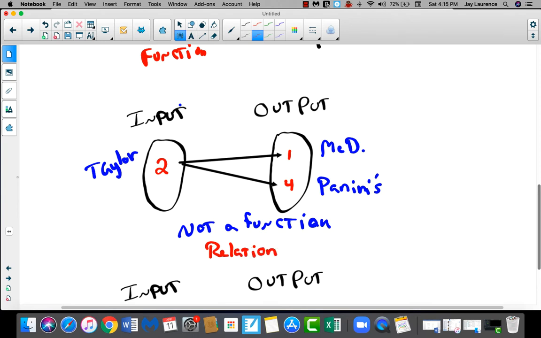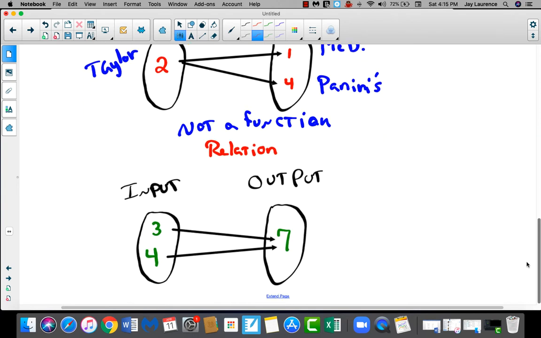Okay? All right. But let's look at this situation, and let's have 3 be Paige, and 4 is going to be Emma, and this is going to be Rallies, even though we don't have any Rallies around here. Is it possible for Paige to show up at Rallies and Emma to show up at Rallies?